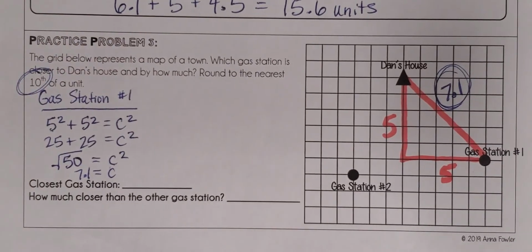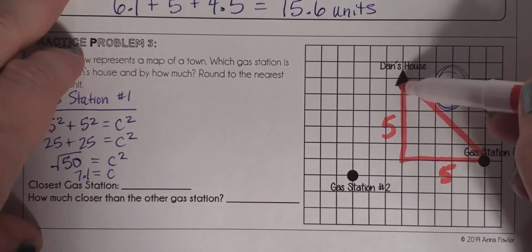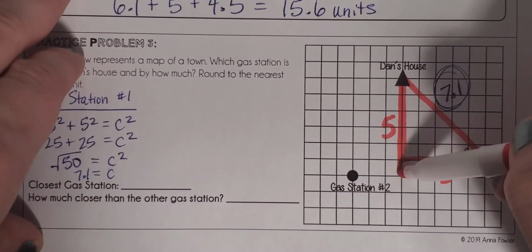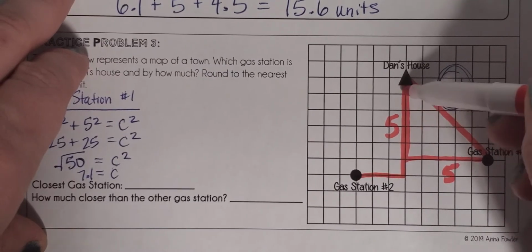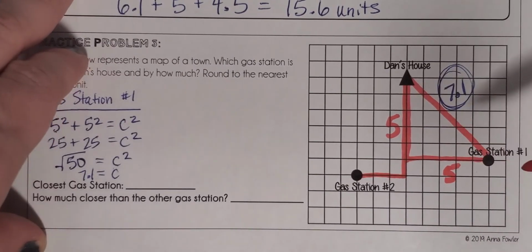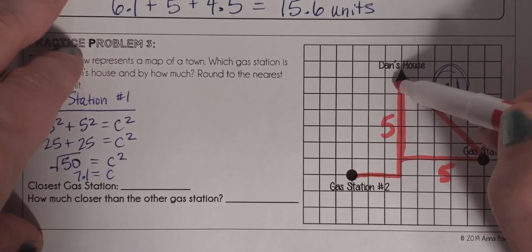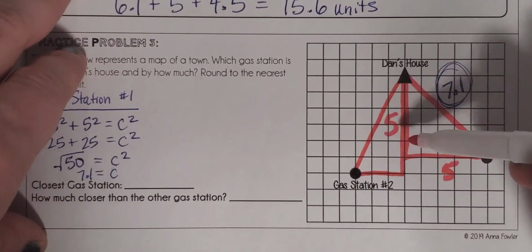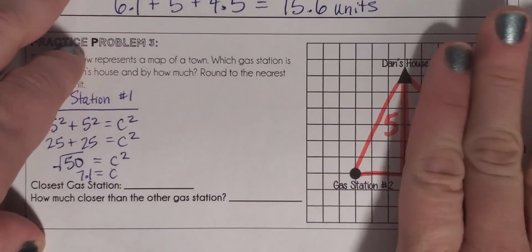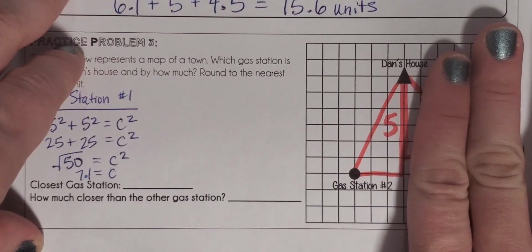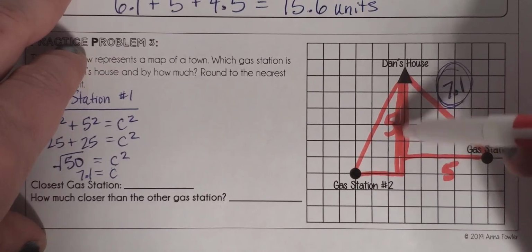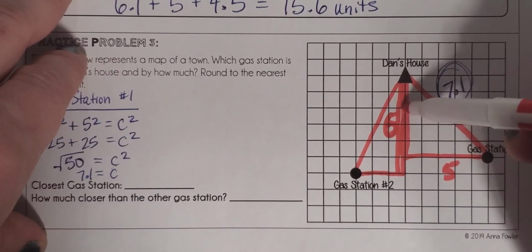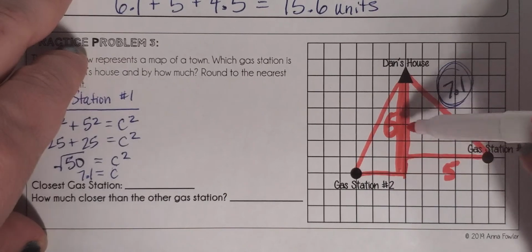Now, I'm going to do the same idea for my gas station number 2. I'm going to go down and then over. Notice how this side kind of copycats the gas station, which is fine. I just have to remember that it's its own separate triangle, okay? So this triangle is actually, instead of a 5, it's actually going to be a 6, because I went one more unit down.